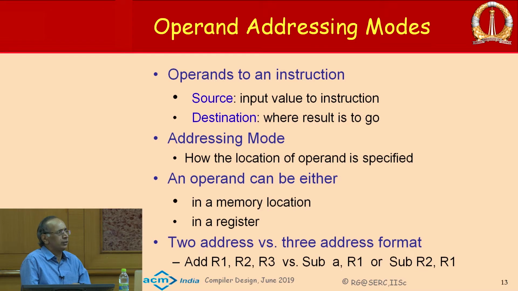That is a convention of that particular processor, and we have to follow it consistently. And when you have operations like subtract, which are not commutative, it is also important which is the first operand and which is the second operand.